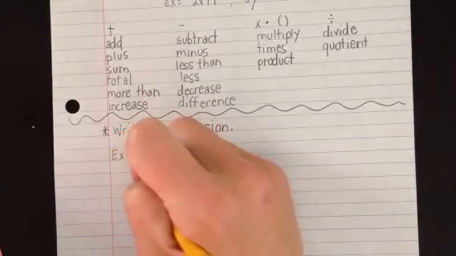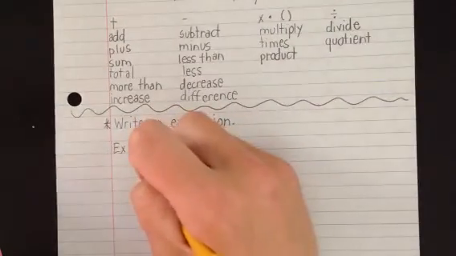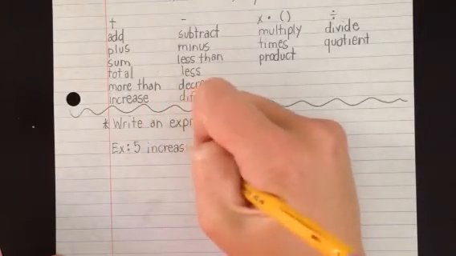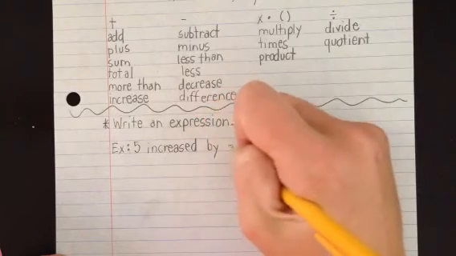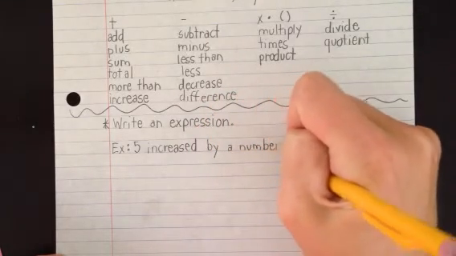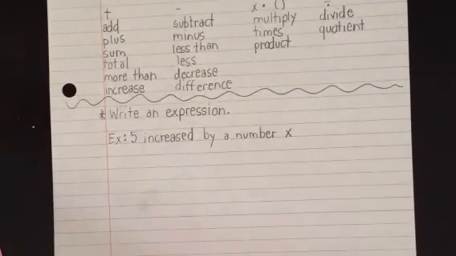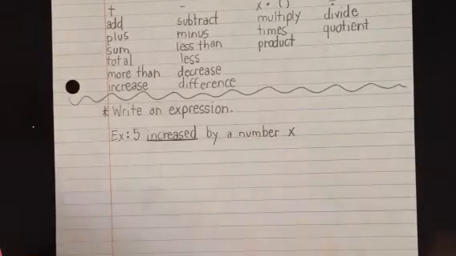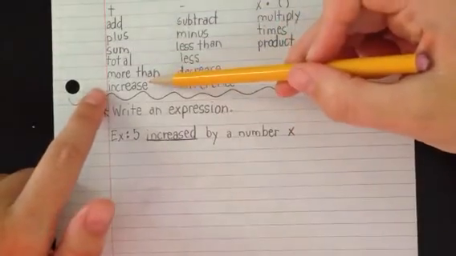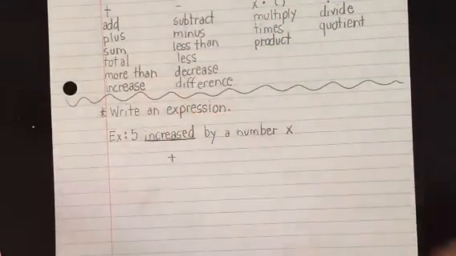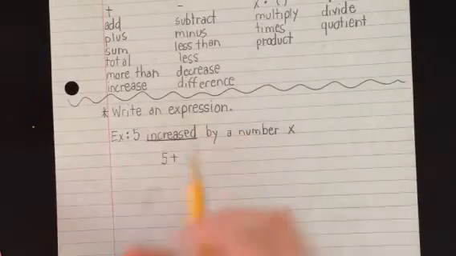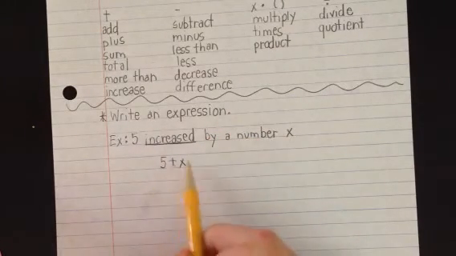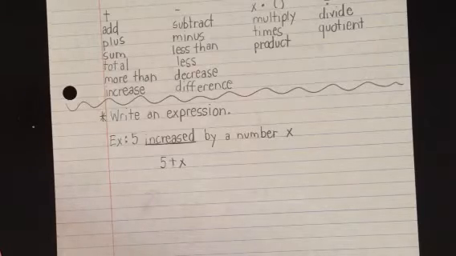For example, if you were given the words 5 increased by a number x, and I wanted you to represent that using symbols, first thing I want you to look at is that keyword, increased by. So remember, increase falls under addition. So we know we're going to use addition. So it's 5 increased by a number x. In other words, 5 plus x is how you're going to represent that mathematically.